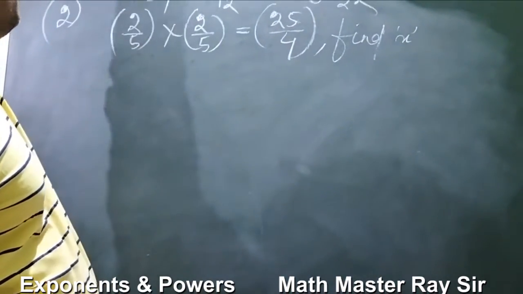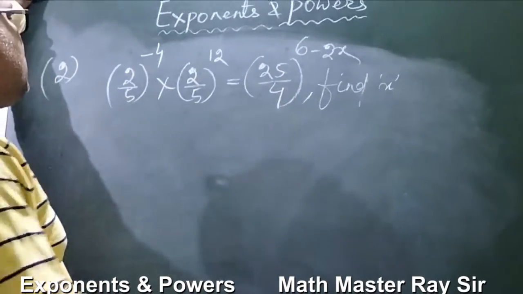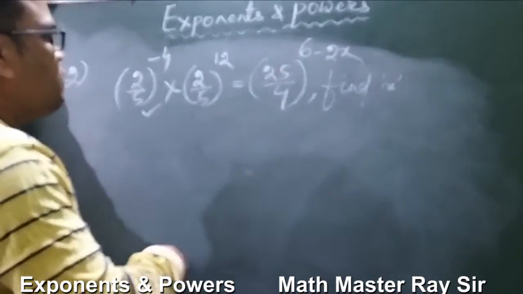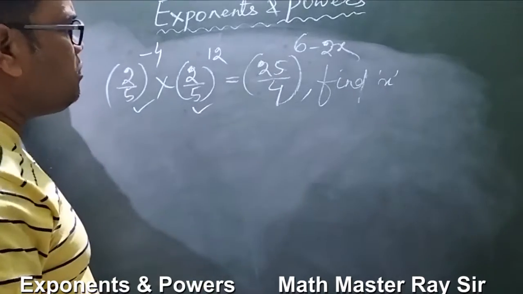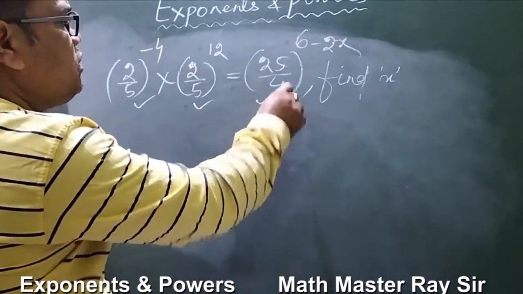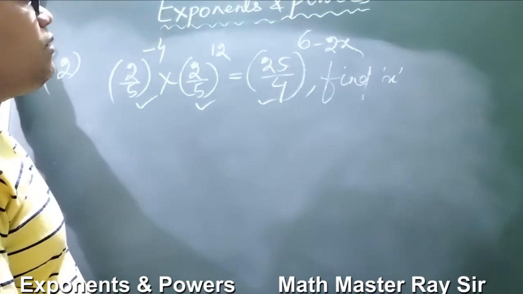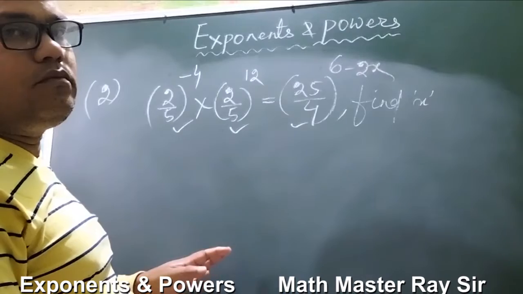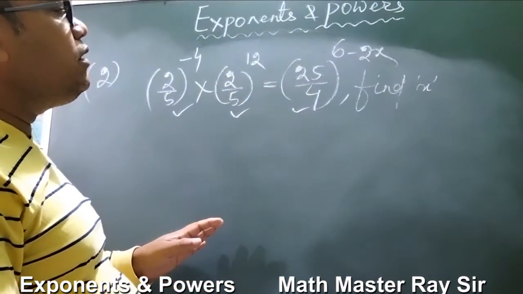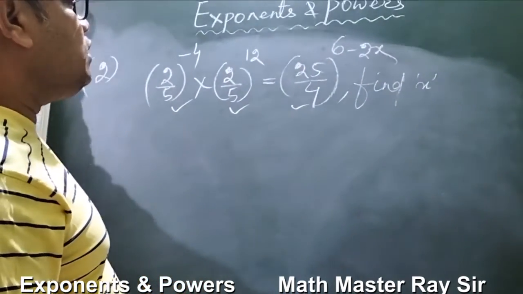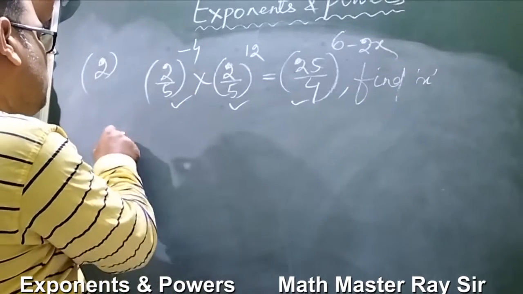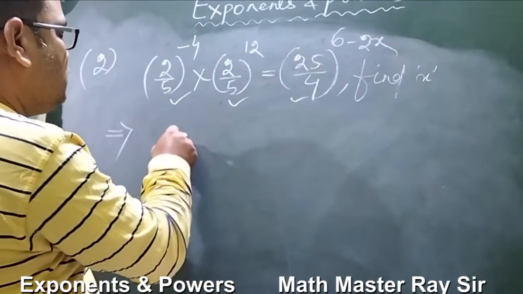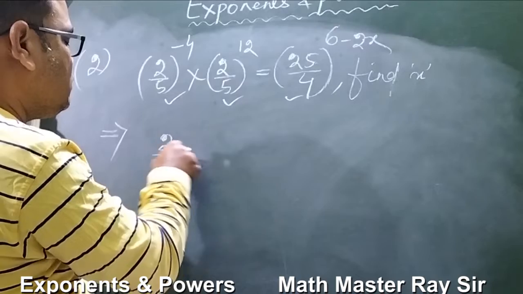Before solving, you should look: here the base is 2 by 5, but here the base is 25 by 4. We have to convert 25 by 4 into 5 by 2 form, so that we will be able to solve for x. It is easily solved like this.